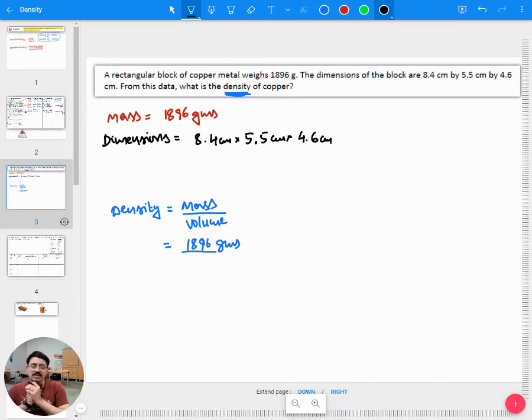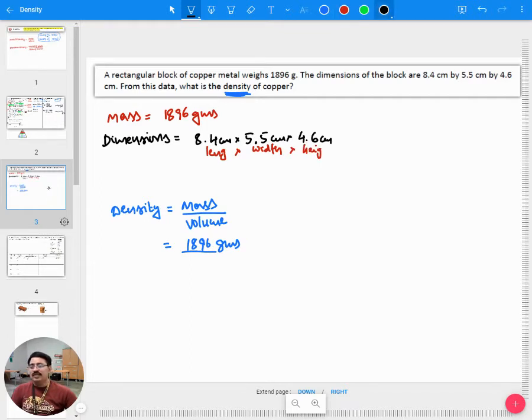Rectangular block gives me an idea of something like a brick kind of shape. If so, what is the volume of a rectangular prism? As you know, it is length times width times height, right? That gives me the volume.